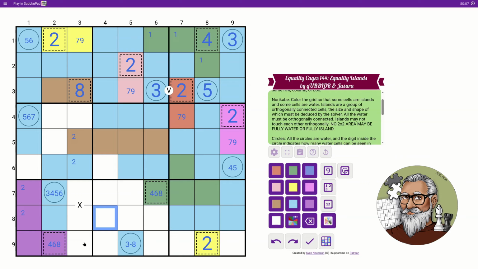Are there any 2 by 2 that I'm still missing? I need something here, but it could be green, could be purple. Need something here. Again, could be either. I need some water there. Could be there still. How do I do this?